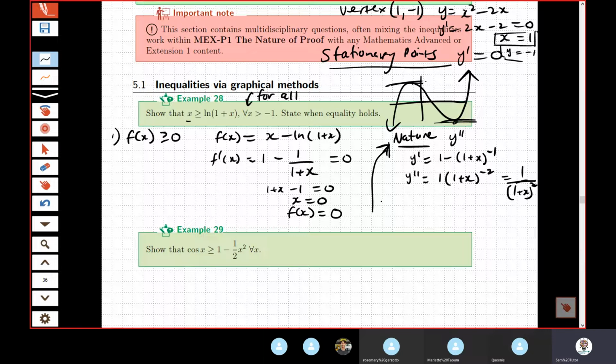Just so, again, I'll write a few things. If y double dash is greater than 0, it's a minimum point. If y double dash is less than 0, it's a maximum point.